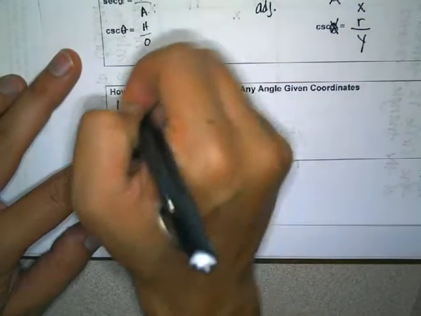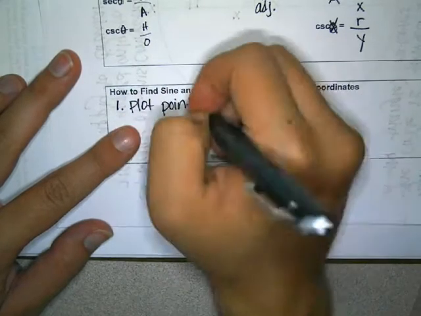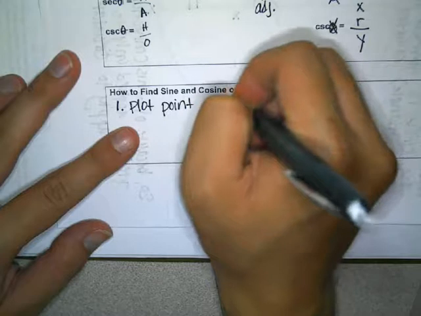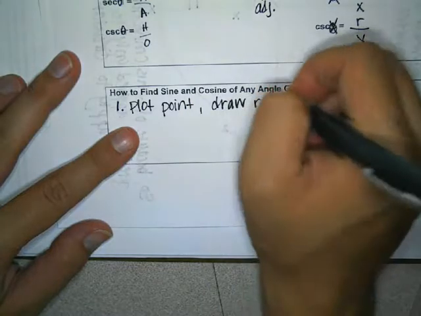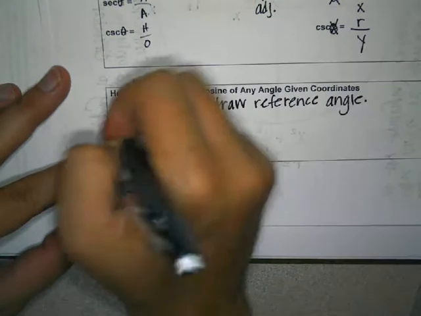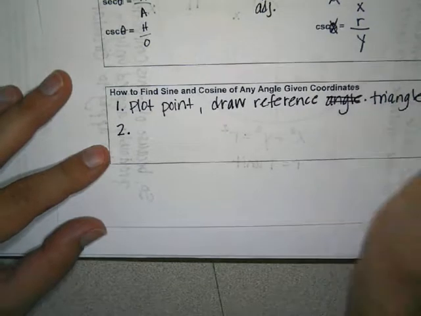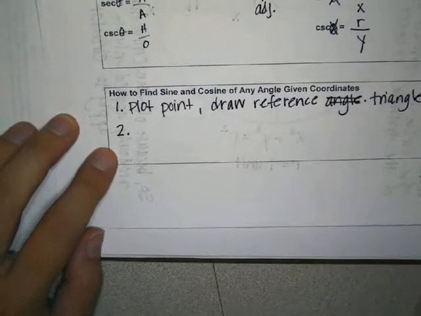You're going to plot your point and draw your reference angle. Actually, let's make that your reference triangle. That'll make more sense. So plot point, draw your reference triangle.